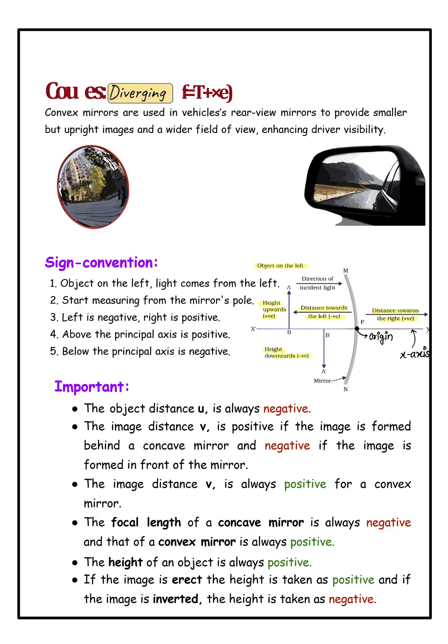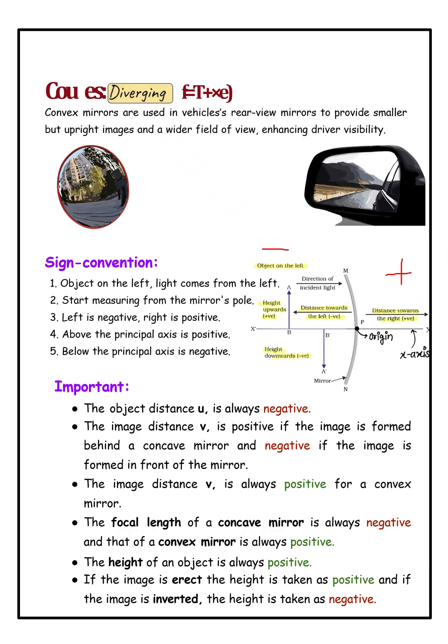Second, we start measuring from the mirror's pole. Third, left means negative and right is positive. So this side is positive and this side, the left side, will be negative. Then above the principal axis is positive and below the principal axis is negative.